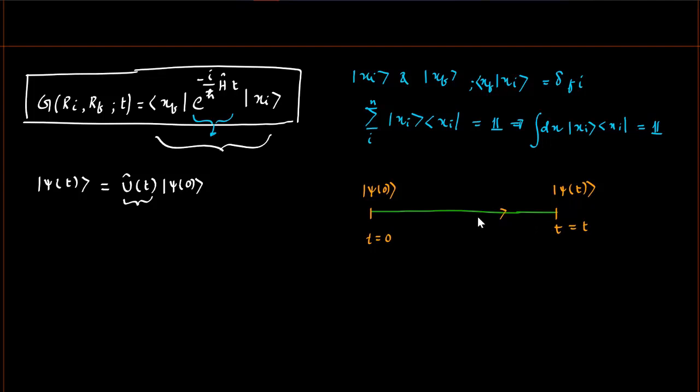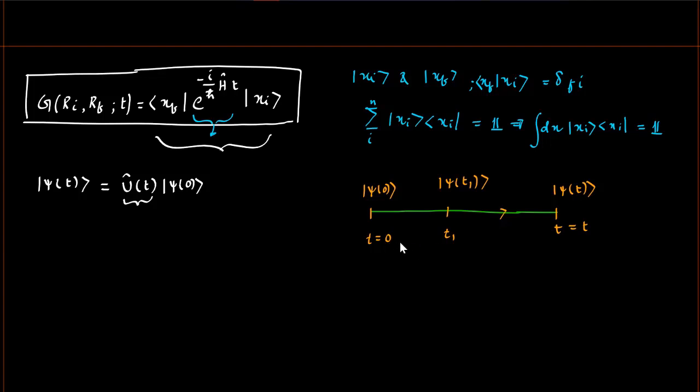Okay, suppose we want to find out our state at some other point, let's say t1. Then let's say at this time t1 we have our corresponding eigenstate as psi of t1.